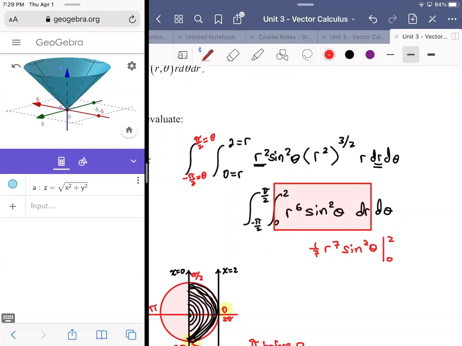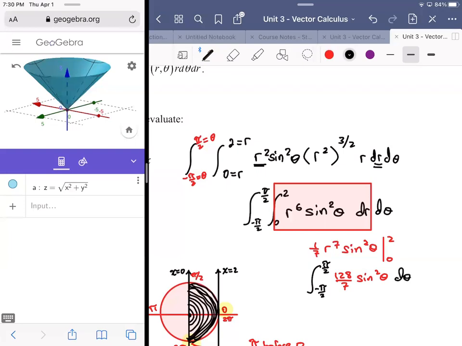But we do have to handle this r to the seventh power, which is I think 128, because r to the fifth is 32, to the sixth is 64. Double it one more time is 128. So 128 over 7 sine squared theta. We're integrating that over the interval of negative pi over 2 to pi over 2 d theta.